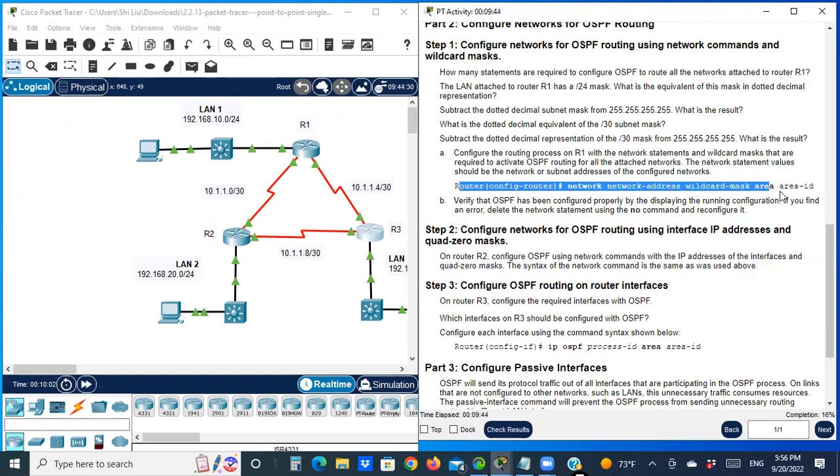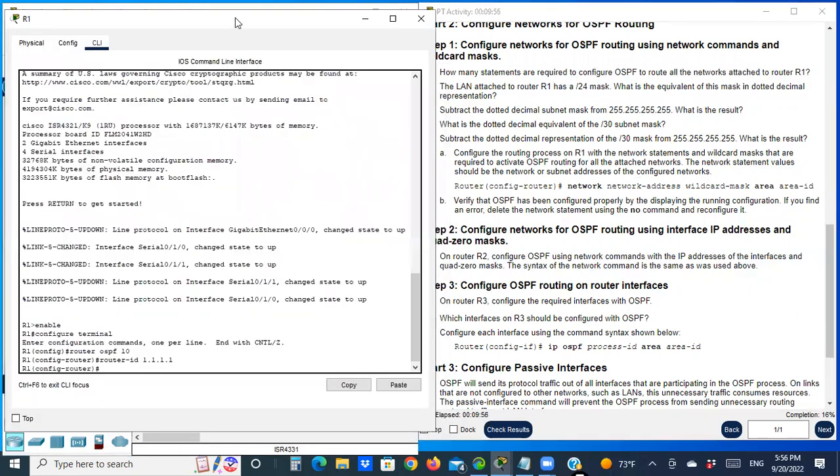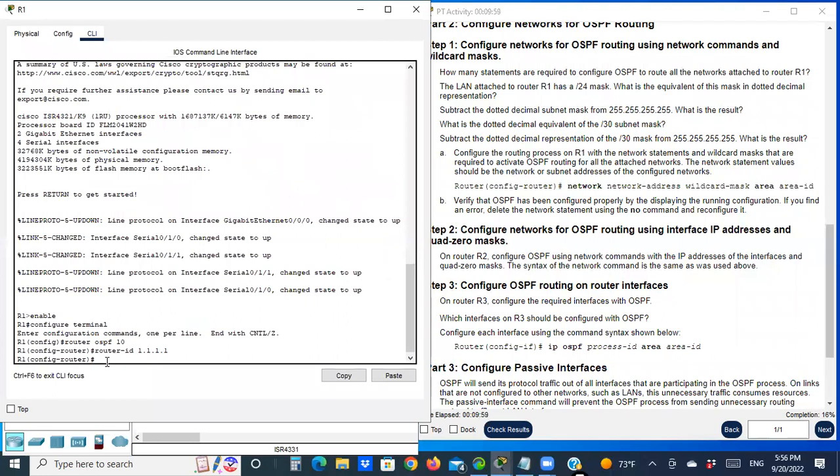Use this command: network with the wildcard mask. Let's go to R1. Okay, we are here already.